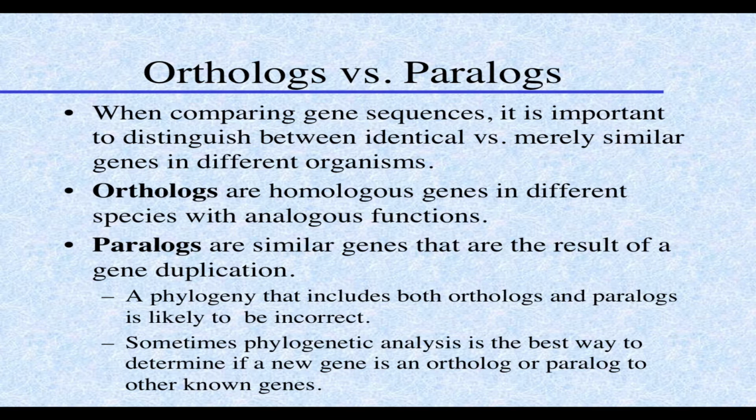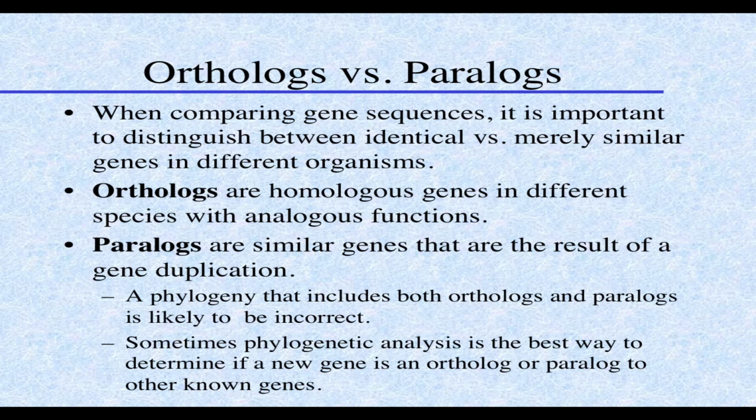So if you've built a tree, and some of the members of that tree are orthologs, and others are paralogs, duplicate genes that have a separate evolutionary history, then your phylogeny is going to be messed up. It's going to be wrong.